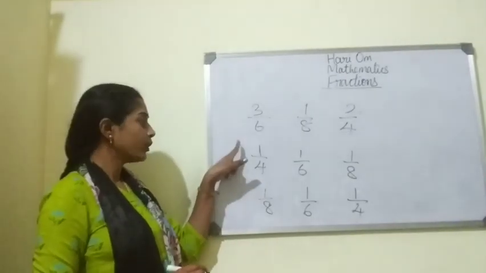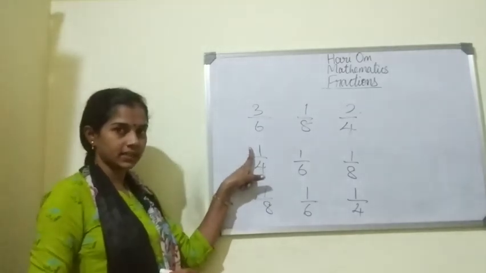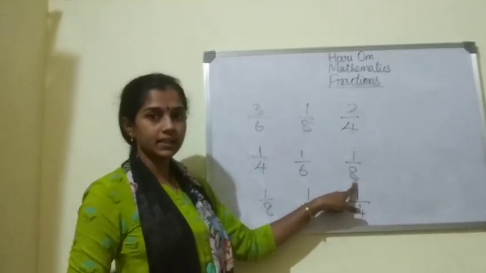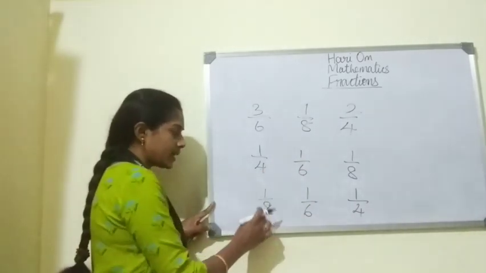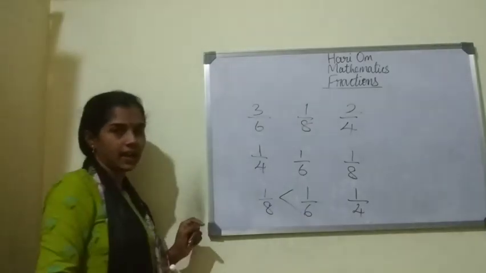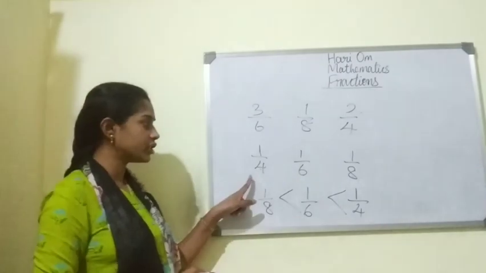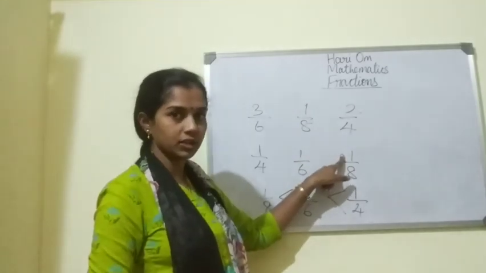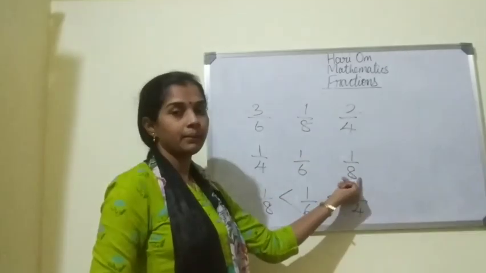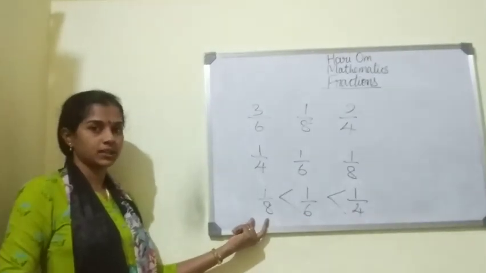In unlike fractions with the same numerator, the greater number in the denominator will be the smallest fraction. 1 by 8 is the smallest fraction, and 1 by 4 is the greatest fraction. Once again, in unlike fractions with the same numerator, the greater number in the denominator will be the smallest fraction.